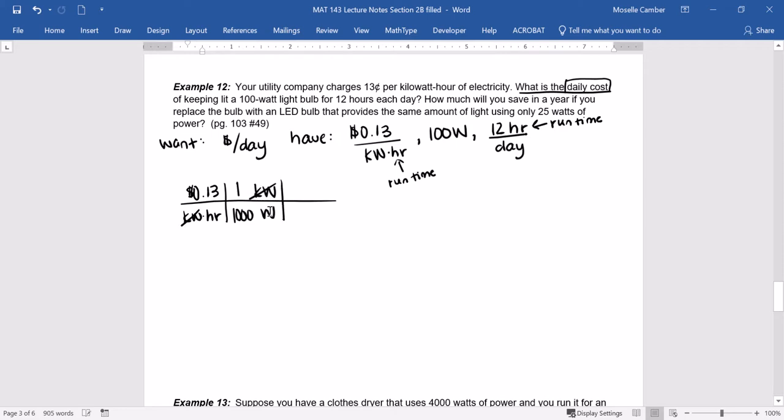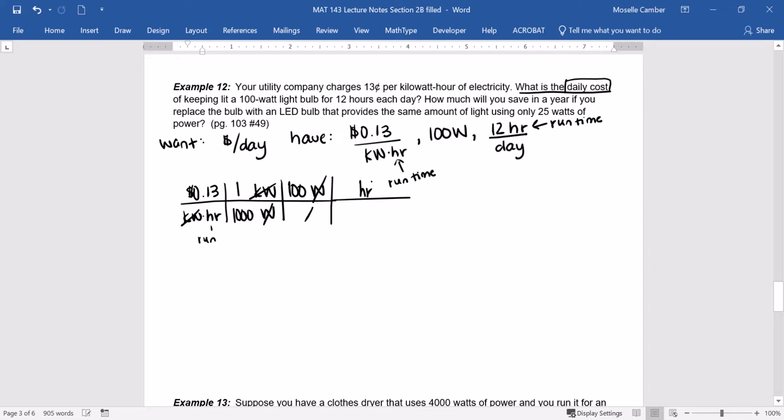I'm going to go ahead and finish this one off before I go back to the hours. So for watts, I do have this 100 watts here. So watts cancel, there's nothing that goes with the 100, it's just the 100. So now everything else is canceled here except for hours. So I need to do something with this hour. Note, remember that this hour was your run hour.